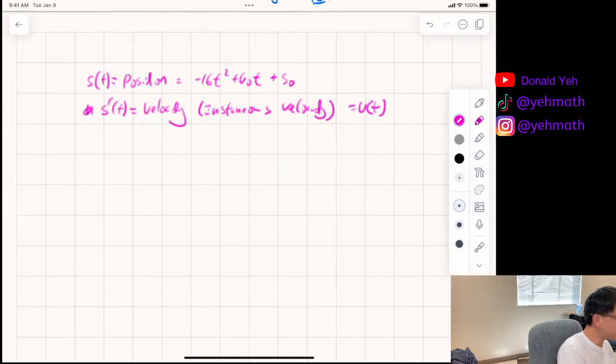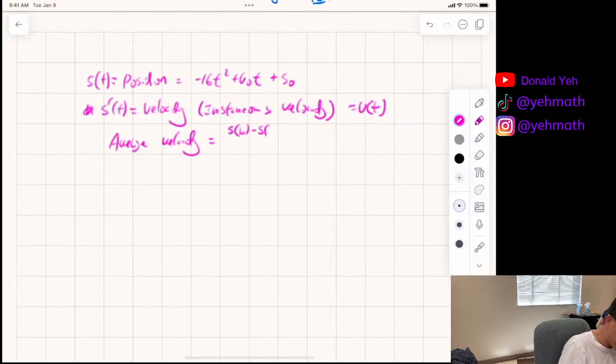They thought the equation for instantaneous velocity is changing velocity over changing time, but it's actually changing position over changing time. So the average velocity is changing position over changing time. Please don't make the mistake. Velocity change is actually the position change.